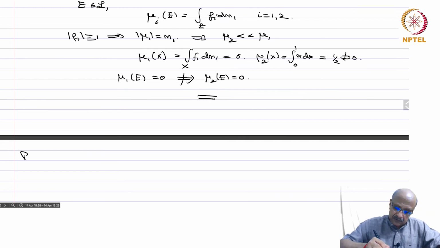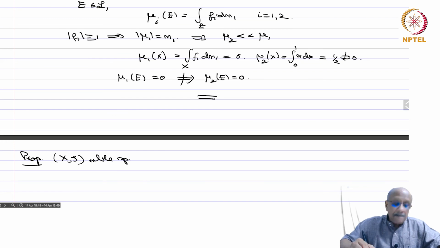Now proposition: X, S measurable space, mu and nu signed measures.